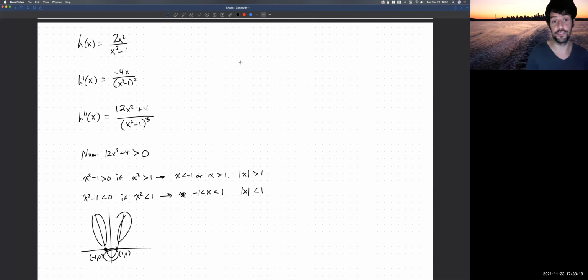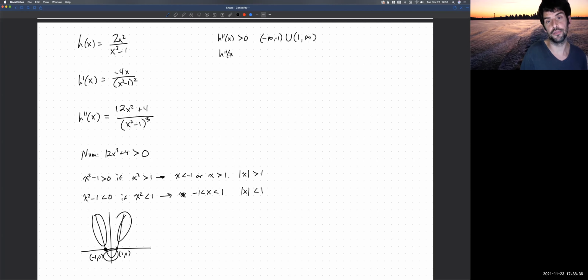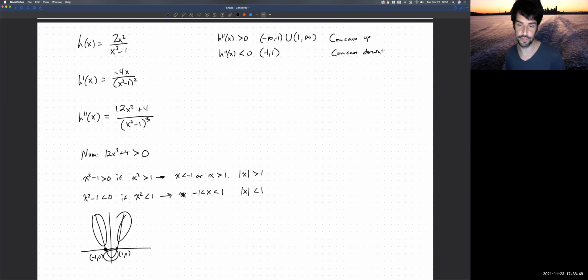But for our function, what this means is h double prime of x is greater than 0 for the interval negative infinity to negative 1 union with 1 to infinity. And h double prime of x is less than 0 between negative 1 and 1. So here it's concave up. Here it's concave down.